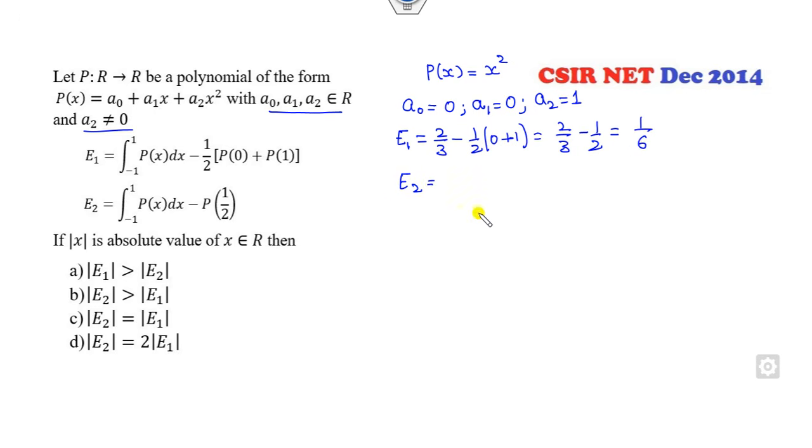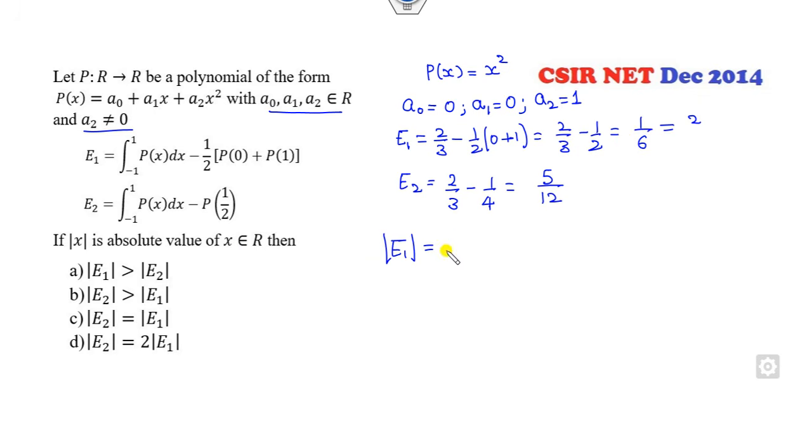What is my E2? E2 will be 0 plus 1. So now it is again 2 over 3, minus, it is my 1 over 4. So it is 5 over 12 here. Fine. Now, what is the modulus of E1?